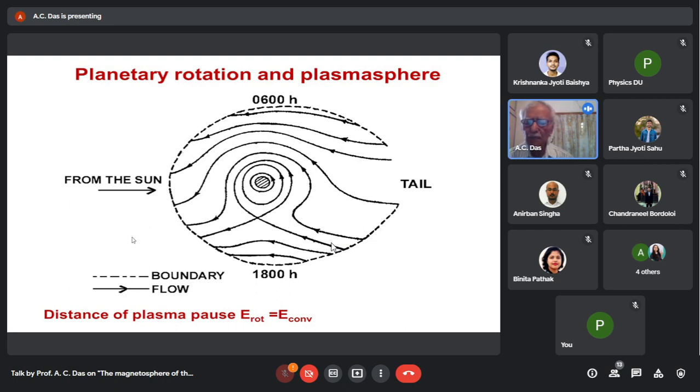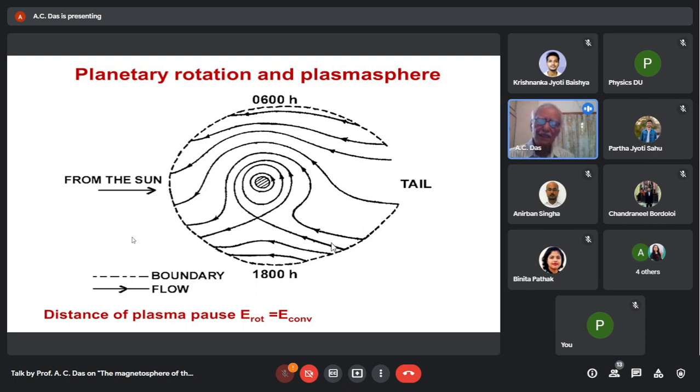On the other side, the plasma density is associated with the plasma that is coming inside the magnetosphere through the tail. So if one plots the density in terms of the radius, there will be a sudden drop in density gradient.